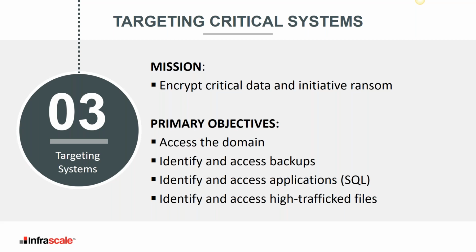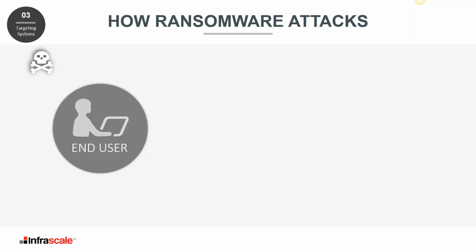So once they have the backup, and then they also have access to your critical applications or your file servers, then they have you right where they need you. And the only way that they don't get paid is by a business saying, we don't need it, we'll just start over. And I don't know how many of you can do that, but my business certainly isn't one of those.